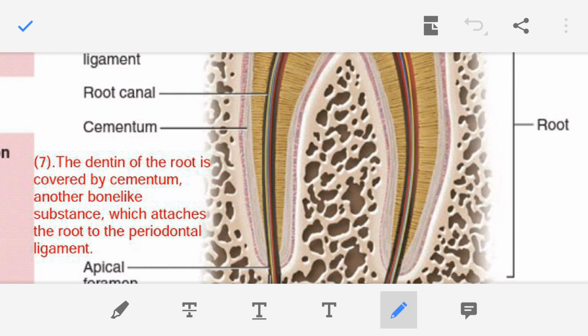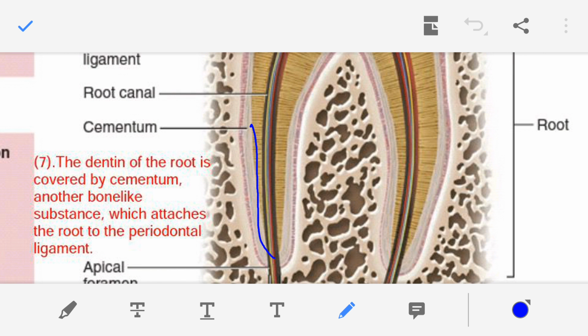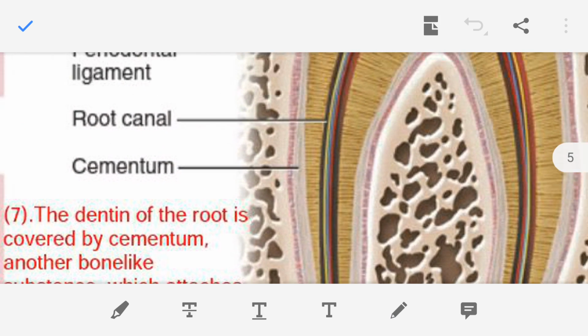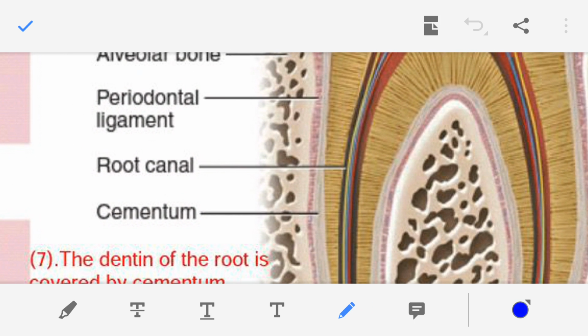For example, this one is the root, and this is the cementum. So cementum is attaching this root with this light pink color, which is showing the periodontal ligament.